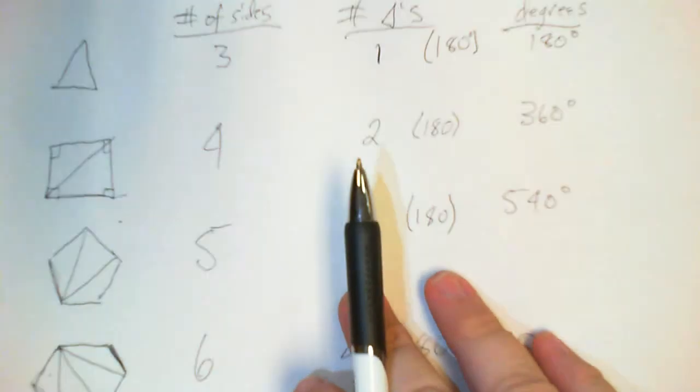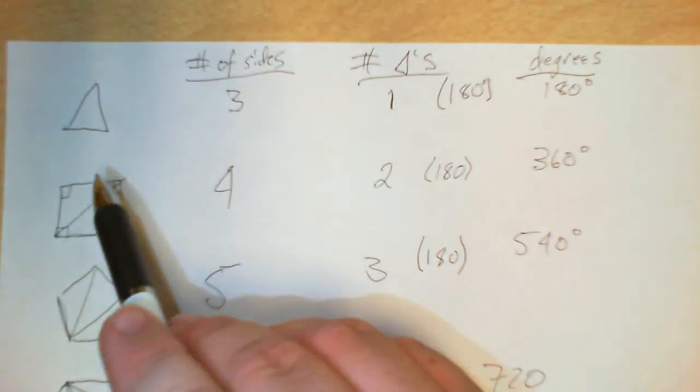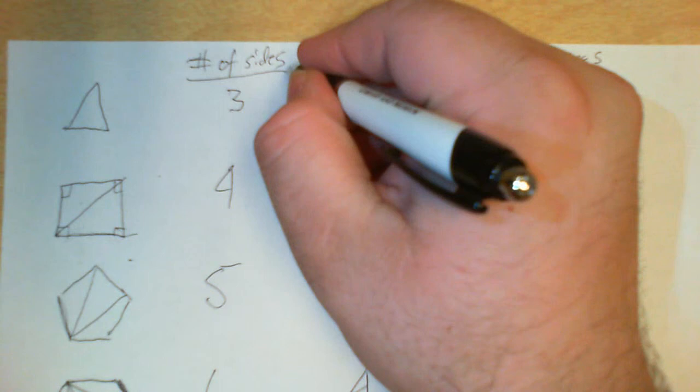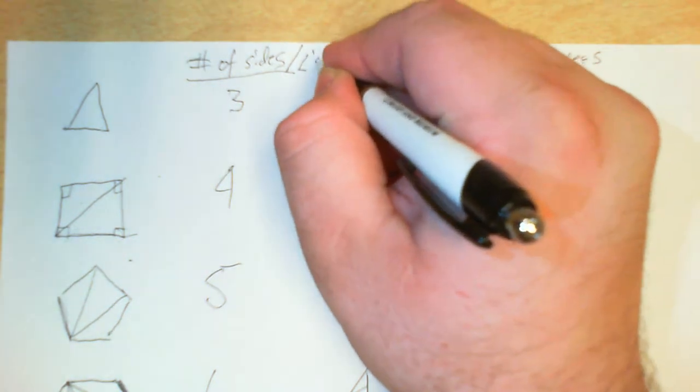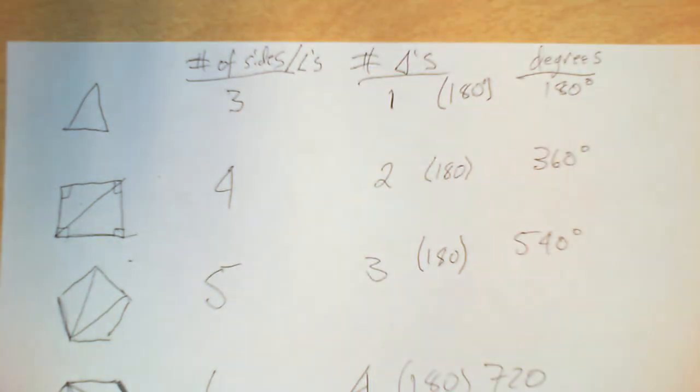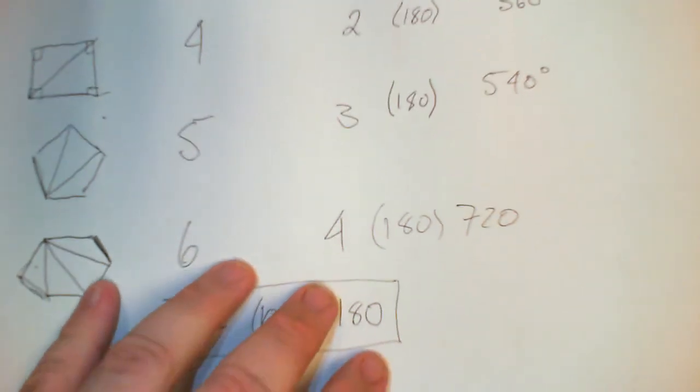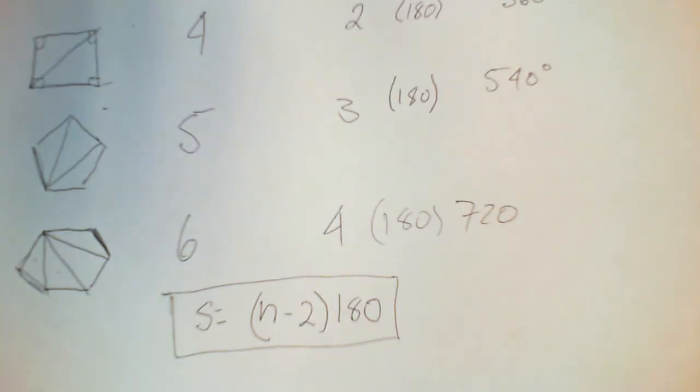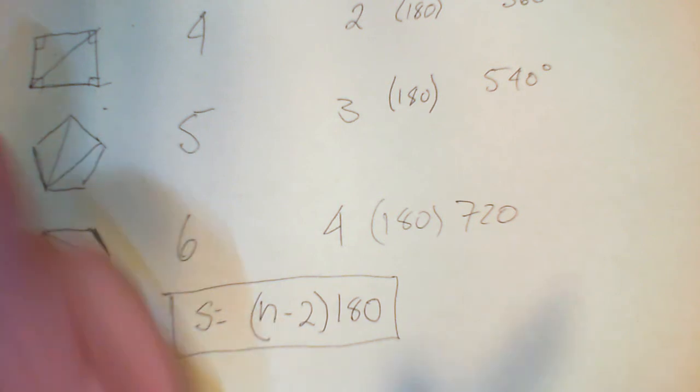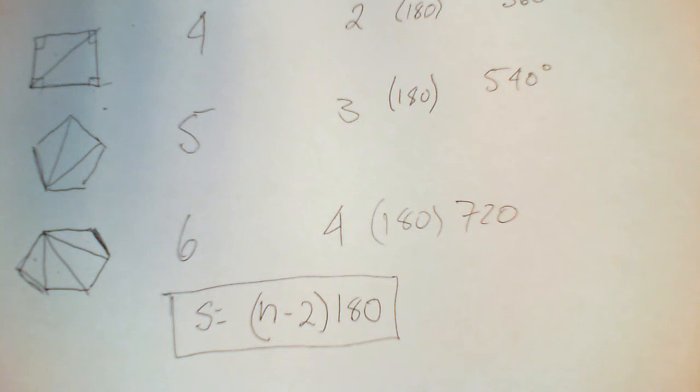Now, let's take it a step further. If I have 3 sides, how many angles do I have? 3. So I can say that I have the same number of sides as angles. As a result, if I want to get the specific number of degrees of each interior angle, so if I put 4 in here, I have 360 degrees, but how much is each interior angle?